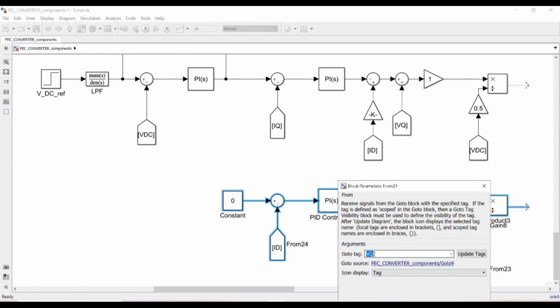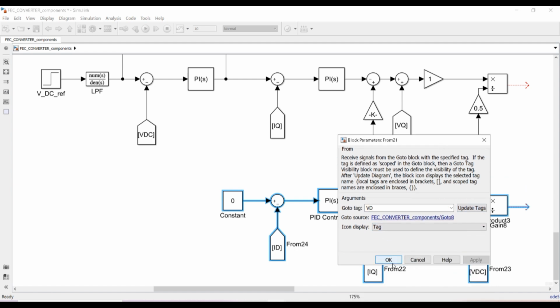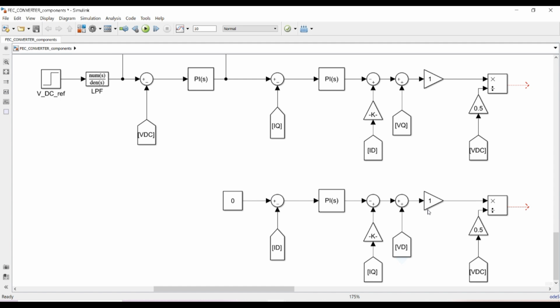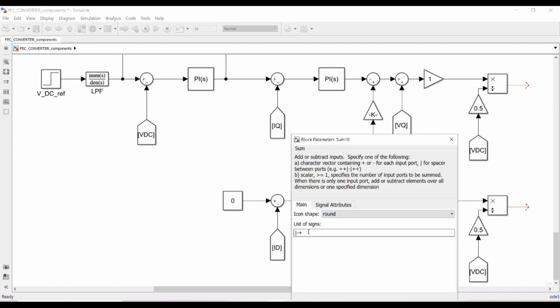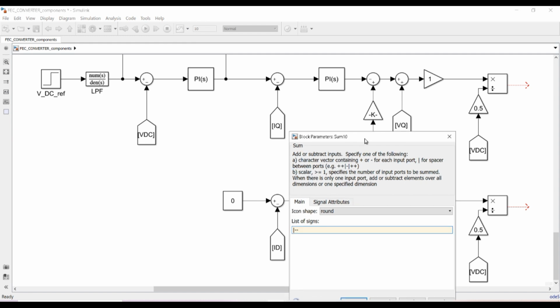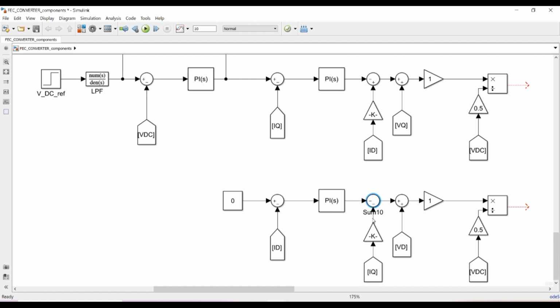Here we will be adding VD. This is the cross coupling term or the feed forward term, and the other things are constant. Only thing is that here there will be a sign change of minus and minus. This comes from the mathematical equation.